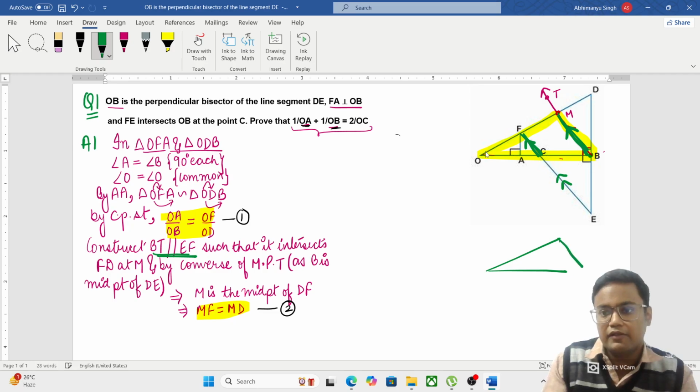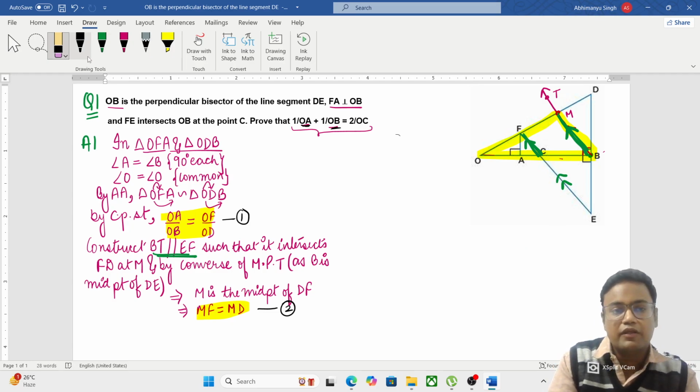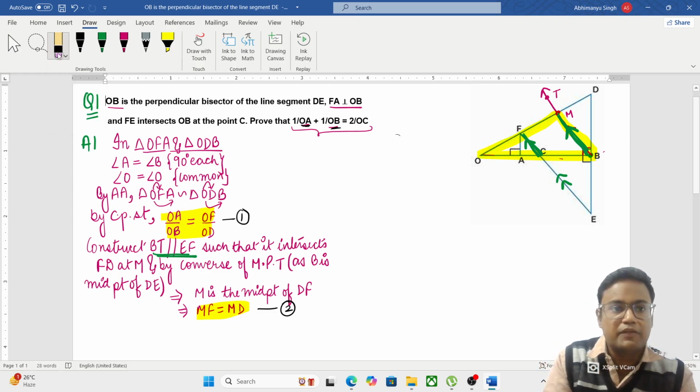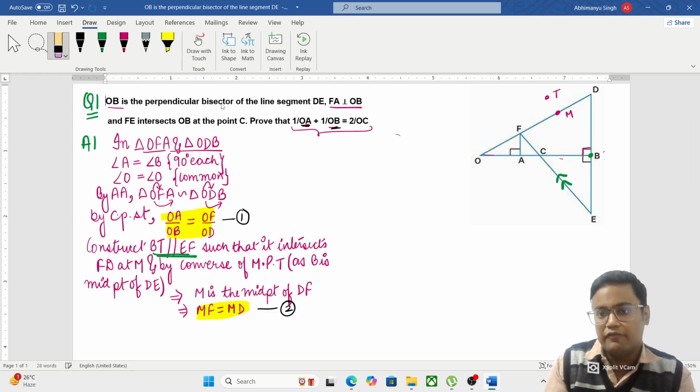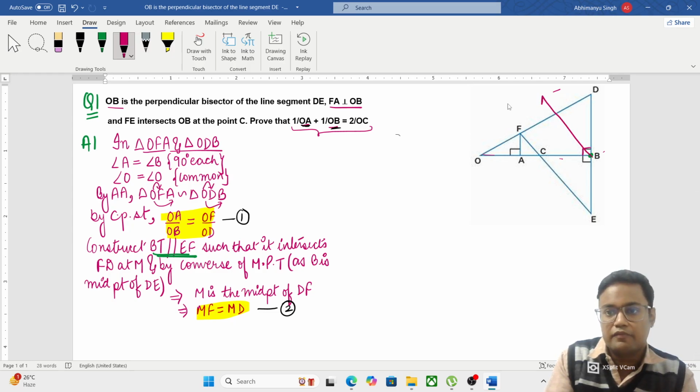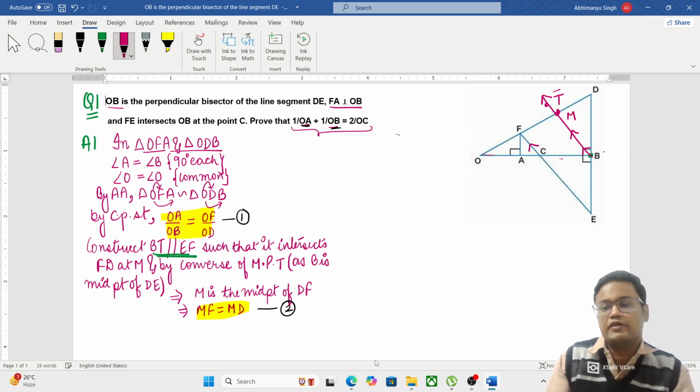The name of the triangle is OBM. This is F, this is C, and this is O. So this will be parallel to this segment, right? Now children, either you can use your basic proportionality theorem or you can use similarity. Both will have the same consequences. So this was our BT running through intersecting FD at M parallel to CF.